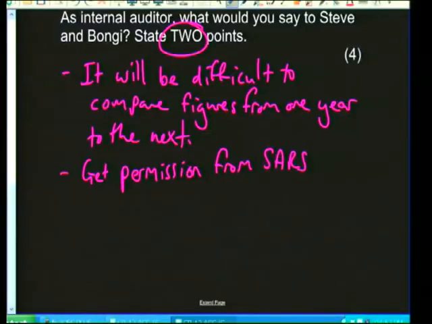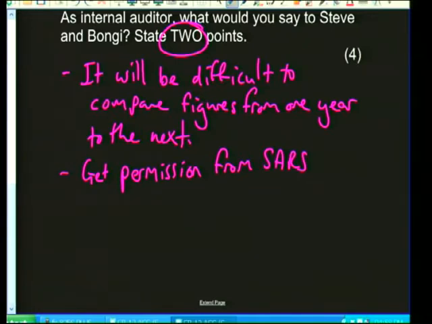That different gross profit is going to mean that you're going to pay a very different amount of tax. So SARS, the South African Revenue Services, is going to want to know that you are doing ethical business. And as a result, you'd have to get permission from them before you can make such a change.